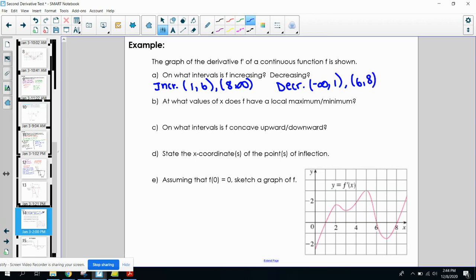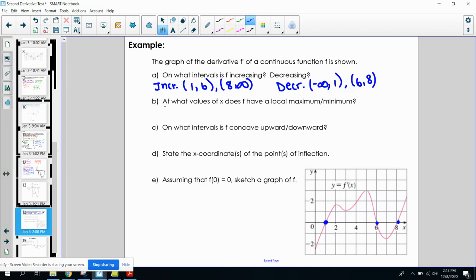At what values of x does f have a local max or a local min? Remember that local maxes and local mins, which on the original graph are like your hills and your valleys, those bumps, happen on the derivative graph where it crosses the x-axis, because that is where the derivative is equal to 0. So I'm looking to see where it crosses the x-axis. It crosses here, here, and here. At 1, it's going from below the x-axis to above the x-axis, so it's going from decreasing to increasing.